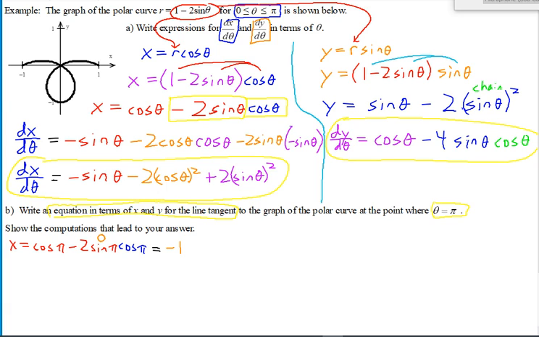Again, we use this one right before we found the derivative. So y equals sine of pi minus 2 times the sine of pi squared. But remember, we just figured out sine of pi is 0. So 0 wipes out both of these, so we just get 0 as our y coordinate. So now we know -1, 0. There's our point of tangency we use for the tangent line.